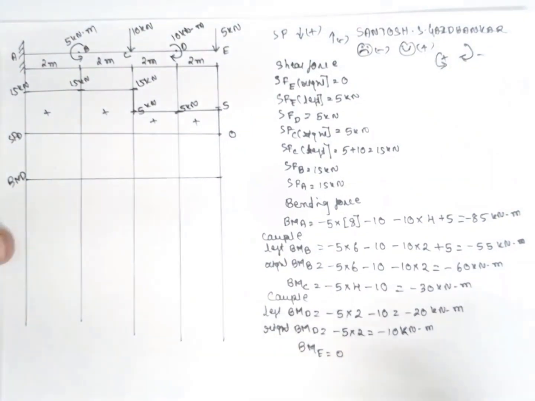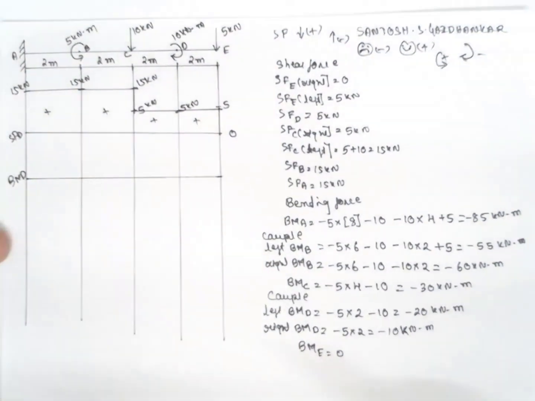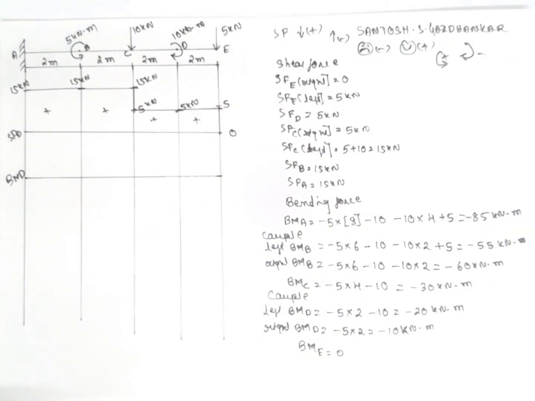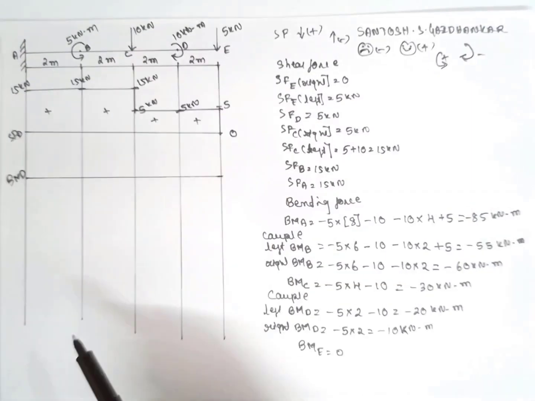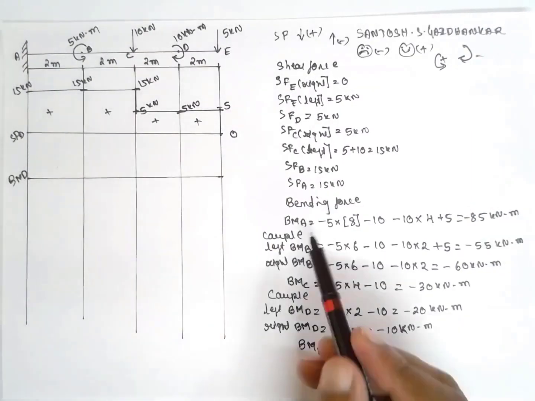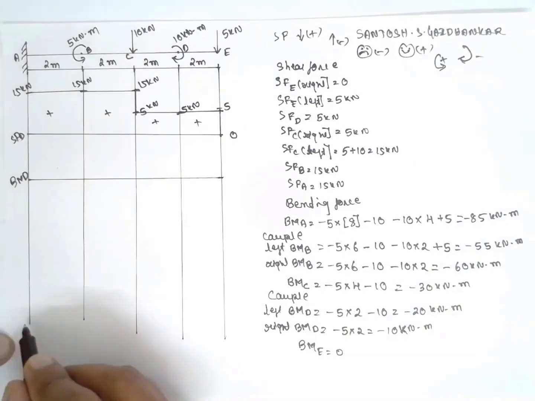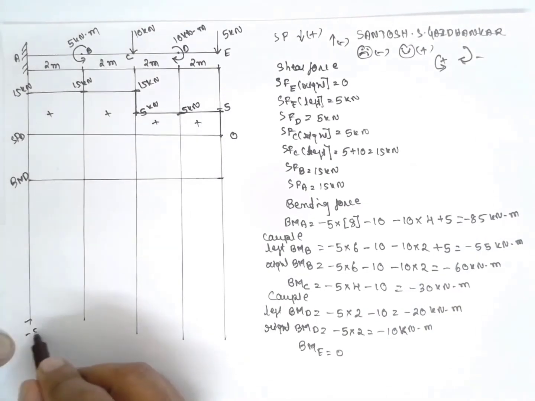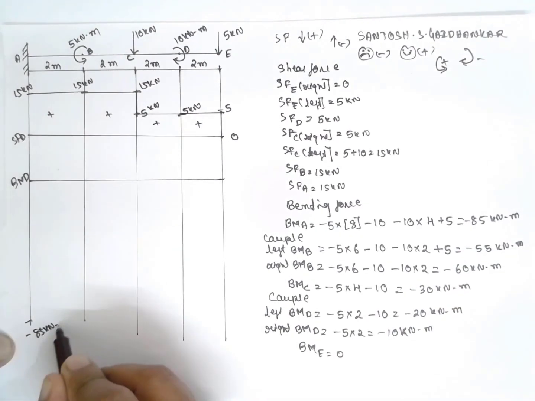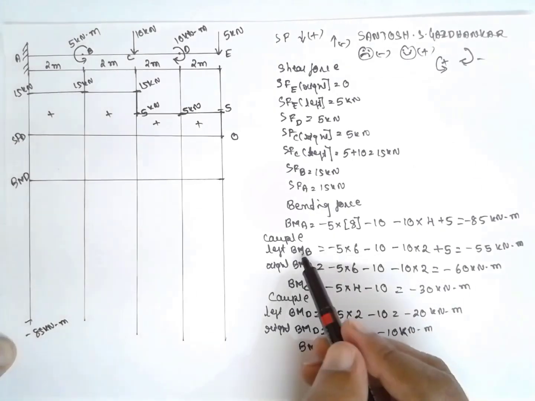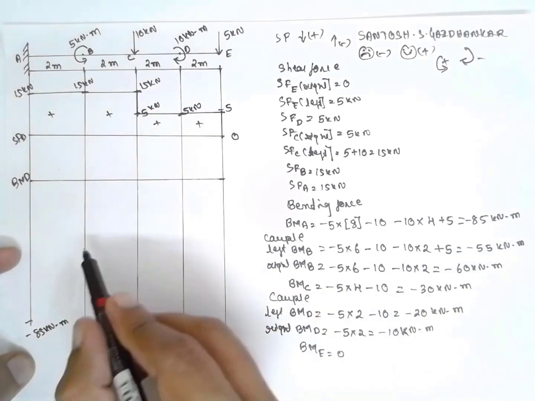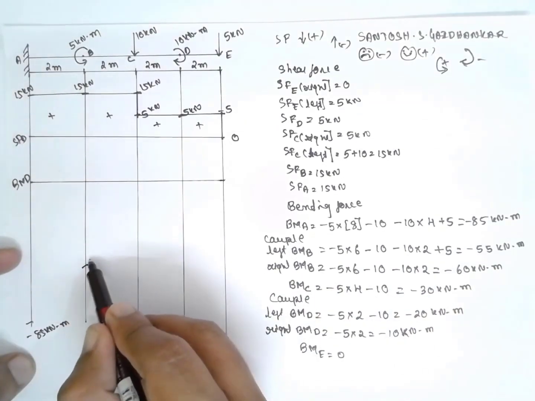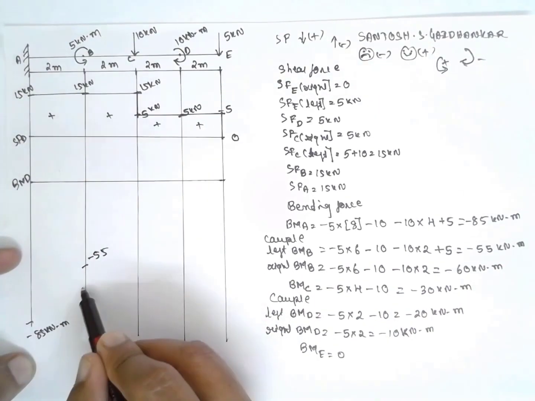The first value is minus 85 kilonewton meter. Next, at the couple, there are two values, minus 55 and minus 60 kilonewton meter.